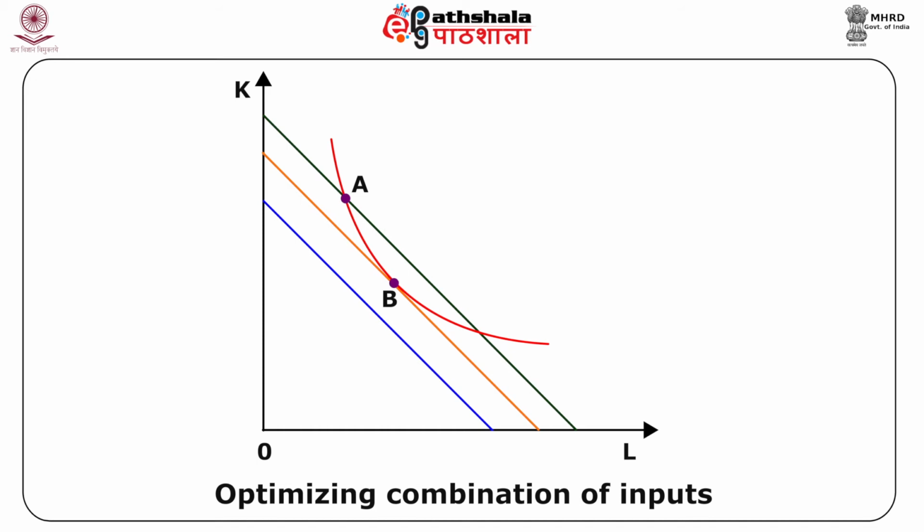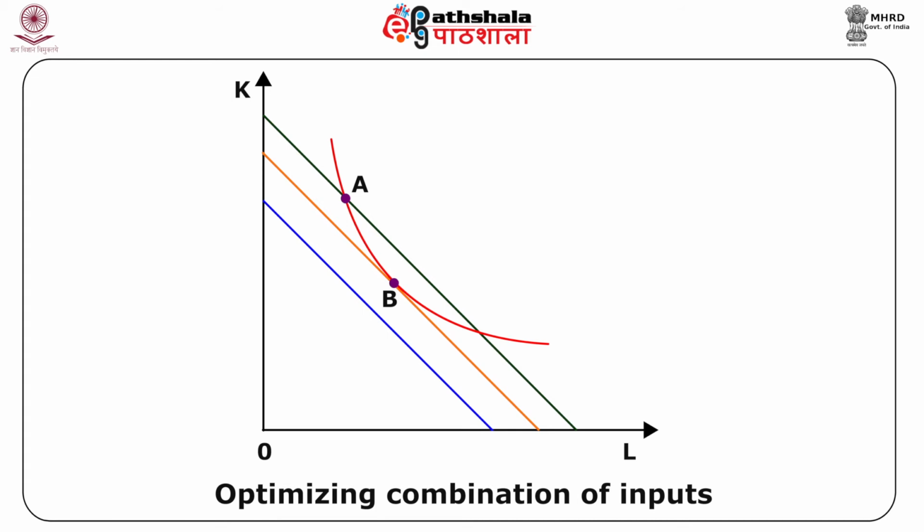However, if the firm tries to lower the cost further to C1, then this output level Q equals 100 cannot be achieved, since the iso-quant lies well above this iso-cost line, indicating that the cost of producing at B is higher than C1.